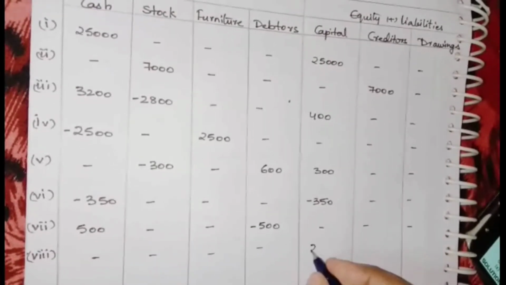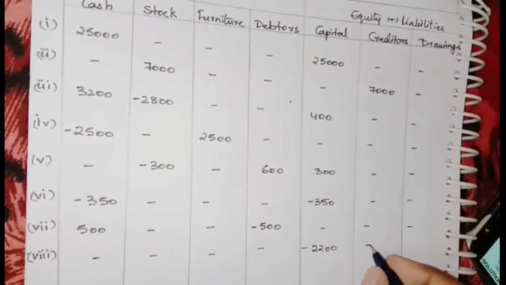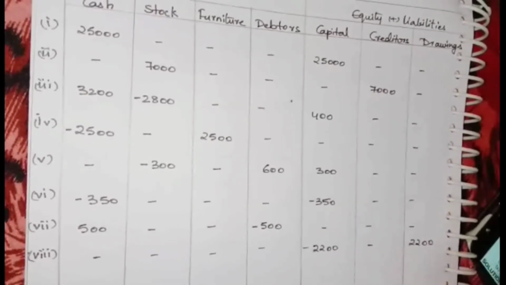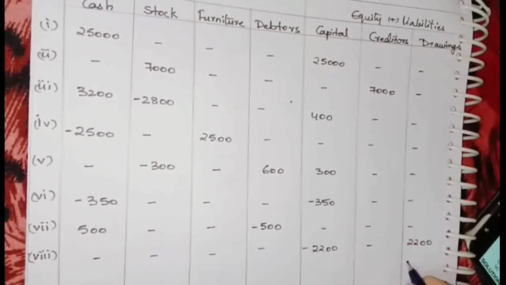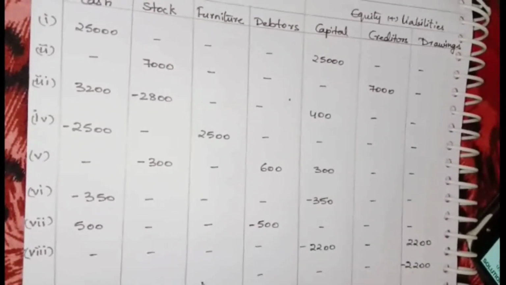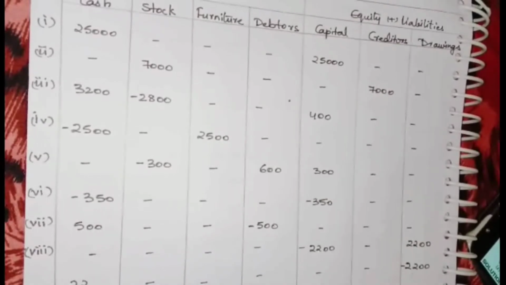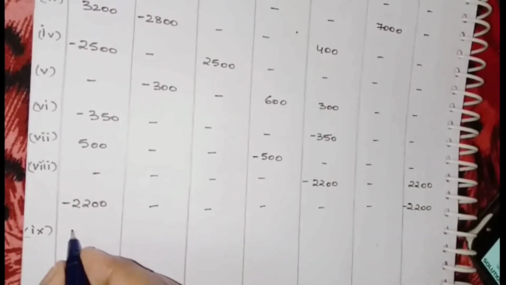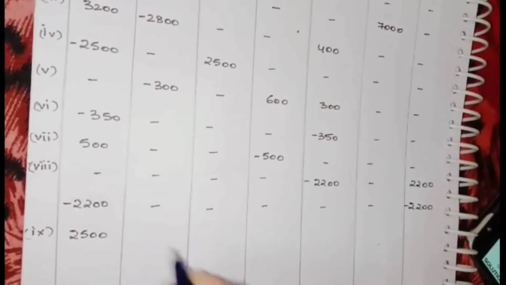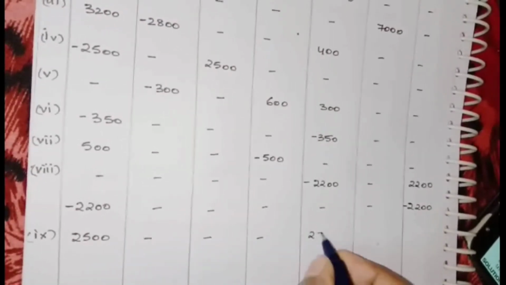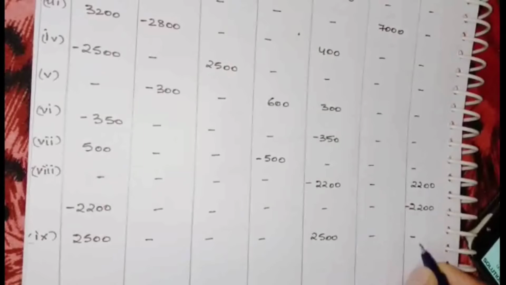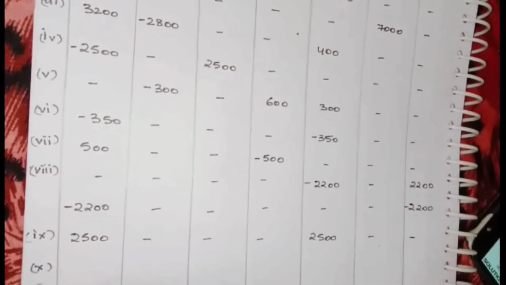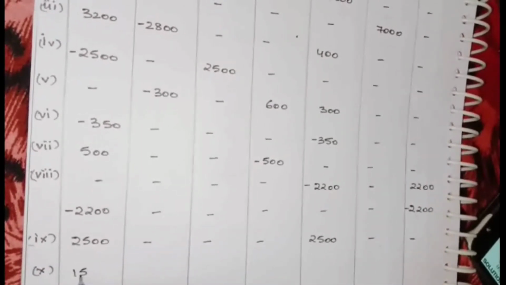So we need to deduct the amount from the capital, as the owner of the entity is drawing for personal use, and we are withdrawing it in the form of cash. So cash deduct 2,200. Received rent from tenants. It is a cash receipt and a profit to the business, so add to the capital account and add cash 2,500.